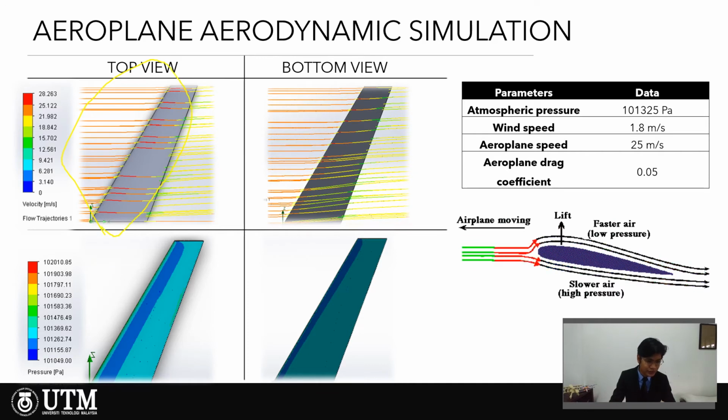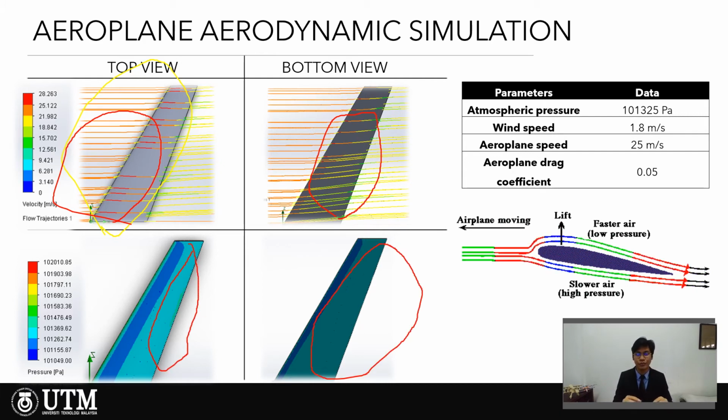Let me use the red pointer so we can see it better. Here, as compared to here, this is low velocity, but you can see the total pressure is different, because here is the high pressure, and the bottom pressure has more, meaning that it has a larger lifting force, and the aerodynamics is good.